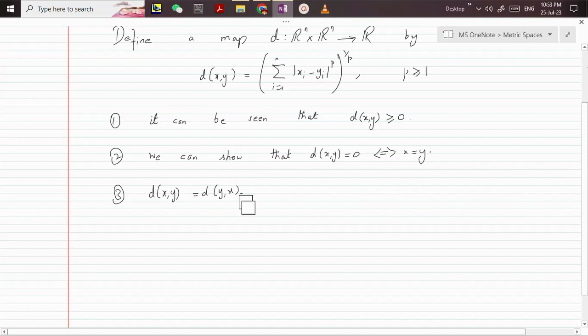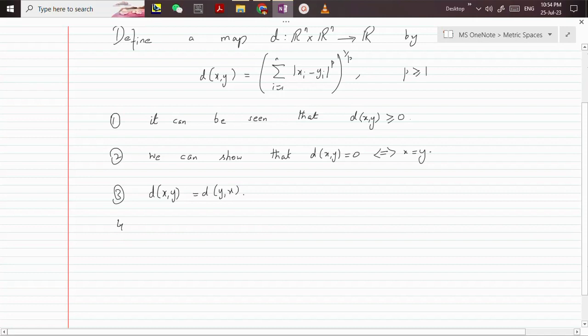Before, in the previous case, we had the summation of squares. Here we have the summation of modulus, so we can change the direction of xi minus yi, that is we can write yi minus xi, and hence we have D of xy equals D of yx. So this implies that D holds the property of symmetricity.